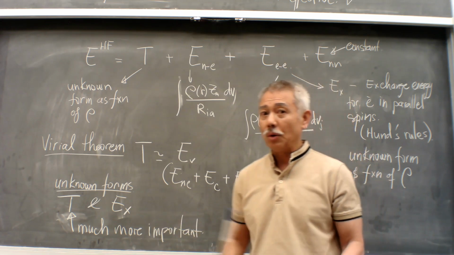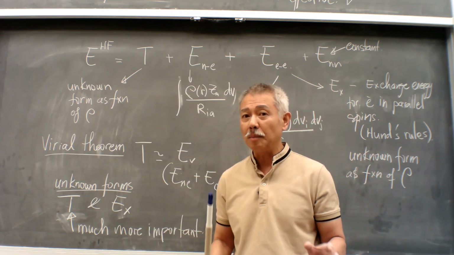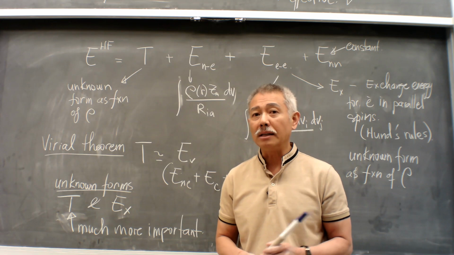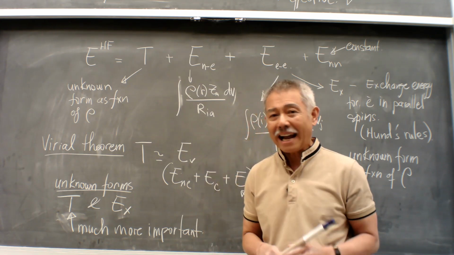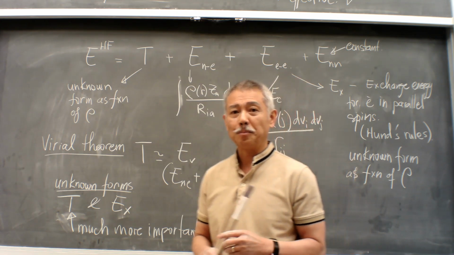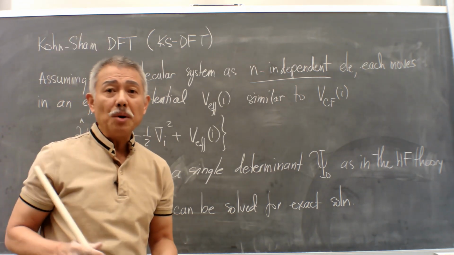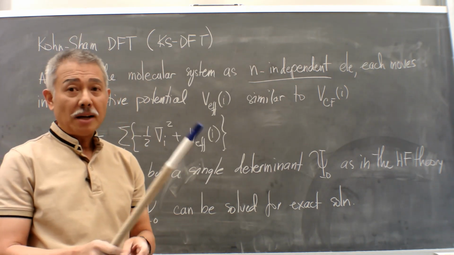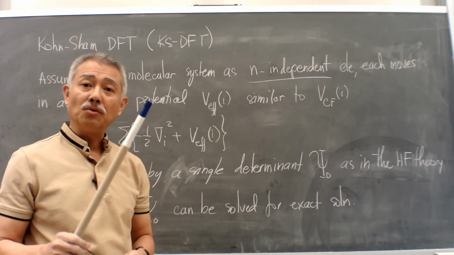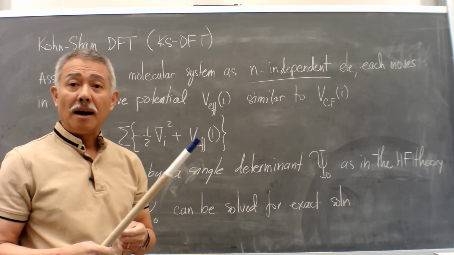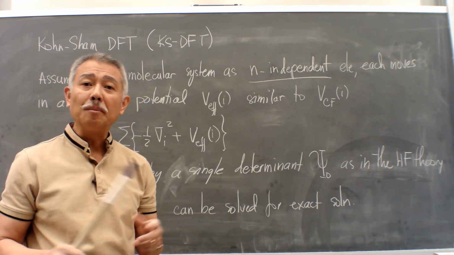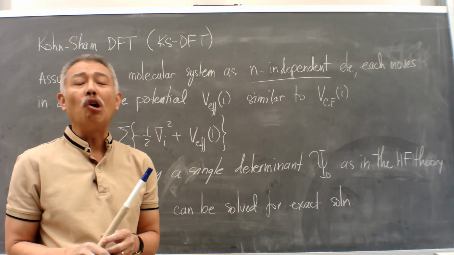If we want to do anything approximate, we need to account for the kinetic energy as accurately as possible. Previously people have tried different approximations for the kinetic energy, using, for example, the uniform electron gas model. They all fail.